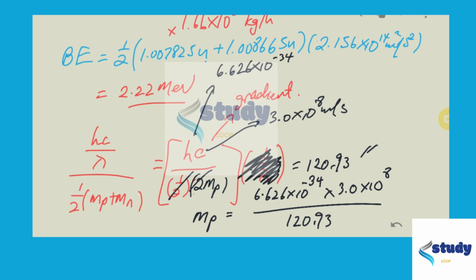You should get about 1.64 times 10 to the power minus 27, which is pretty close.